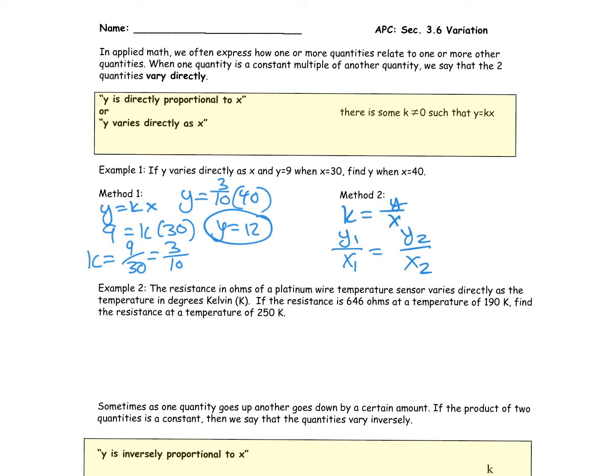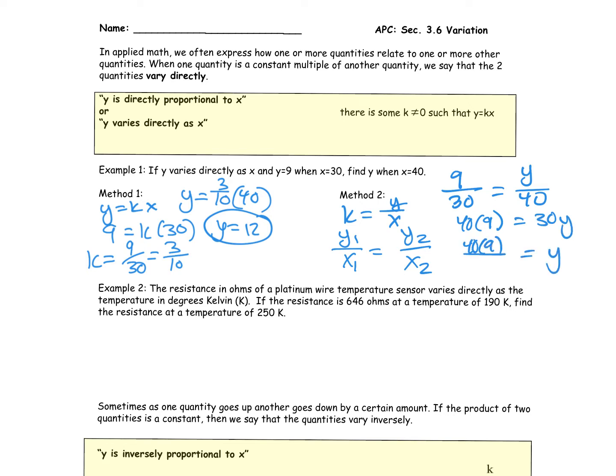All right, so let's do this. So the first y was 9, and I knew that when y is 9, x was 30. So I want to find what y is when x is 40. And people probably are used to doing something like this. So I get 40 times 9 equals 30y, and divide by 30.